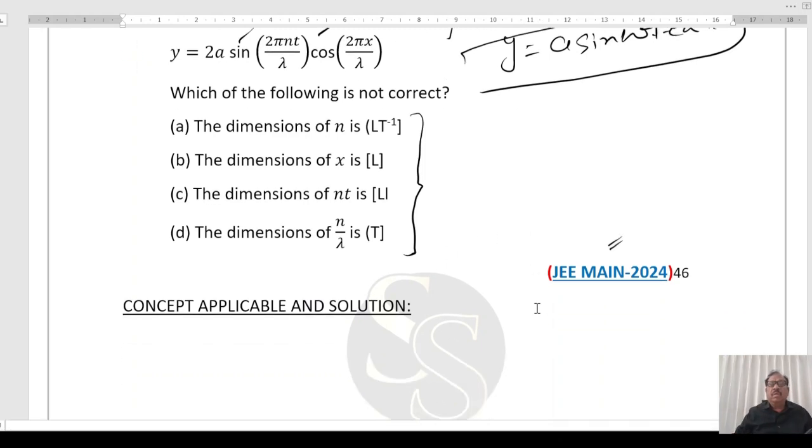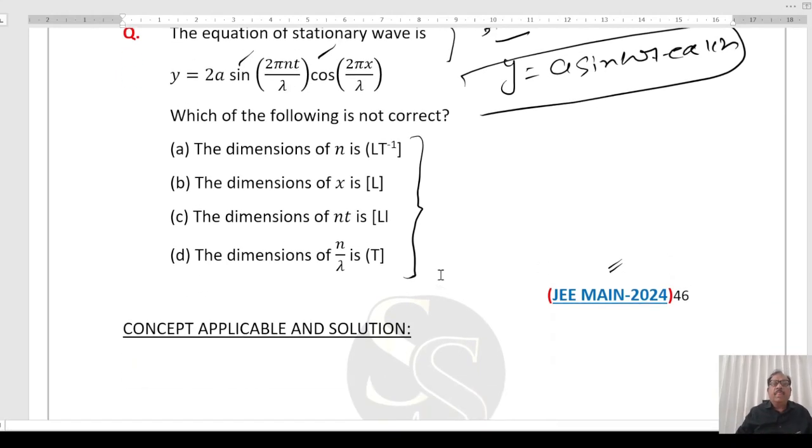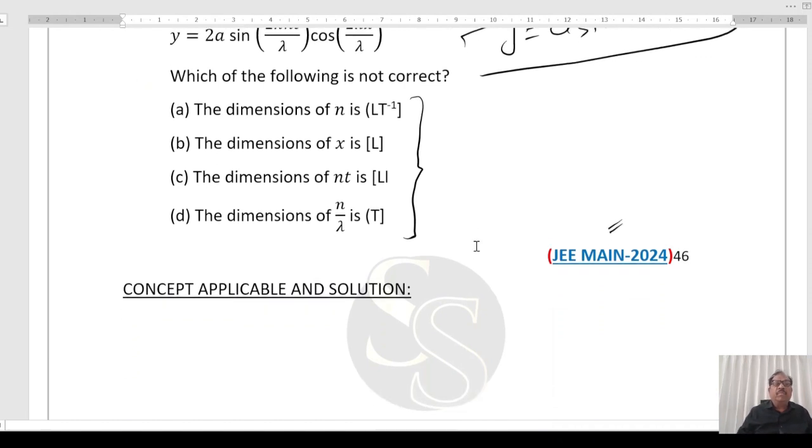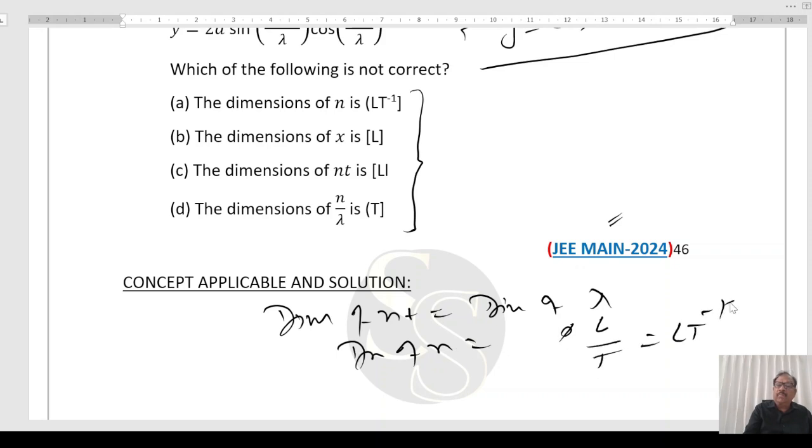Now, the sine has multiplier 2 pi nt by lambda, so dimension of nt should be equal to dimension of lambda. So dimension of n will be equal to, lambda is L, T is T, that is LT minus 1. This is the dimension of LT. So this is the correct one, right?